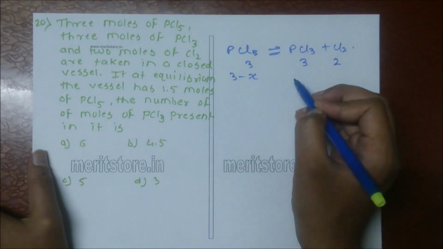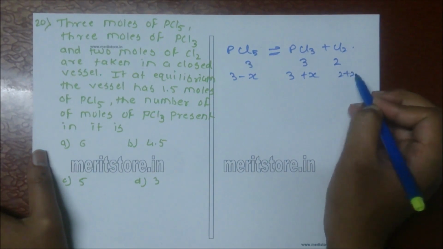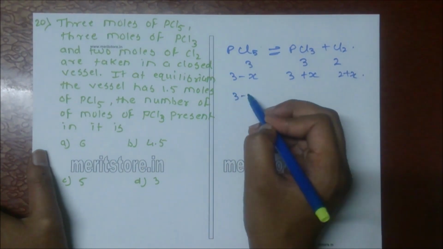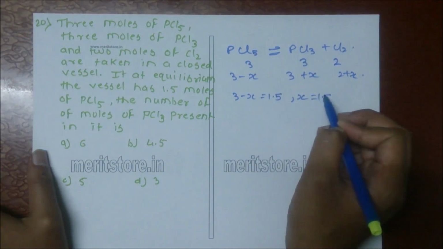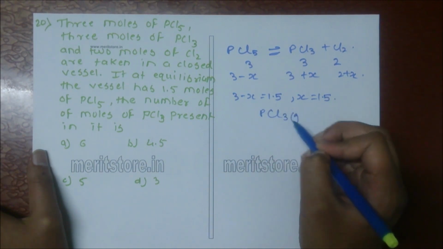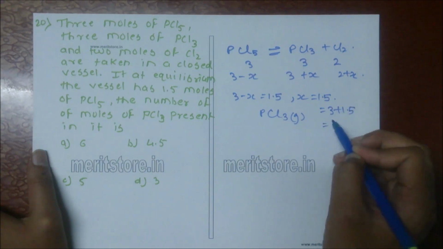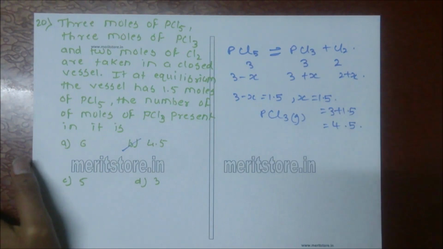At equilibrium we get 3 minus x, 3 plus x and 2 plus x. Given that 3 minus x is equal to 1.5, x is equal to 1.5. Therefore the number of moles of PCl3 present is 3 plus 1.5, which is 4.5. So option B is the correct answer.